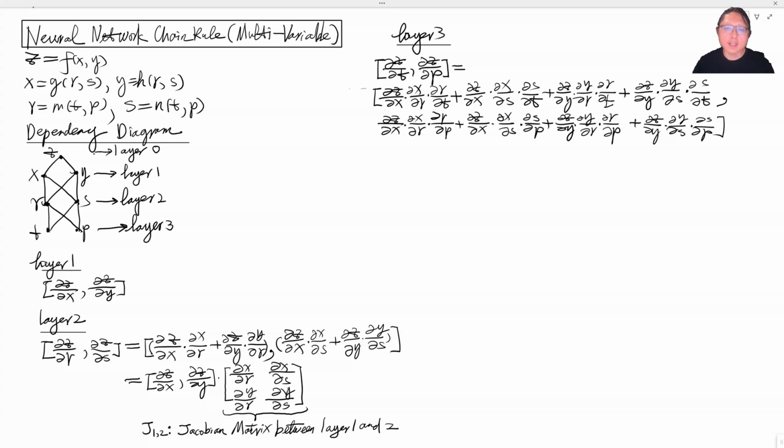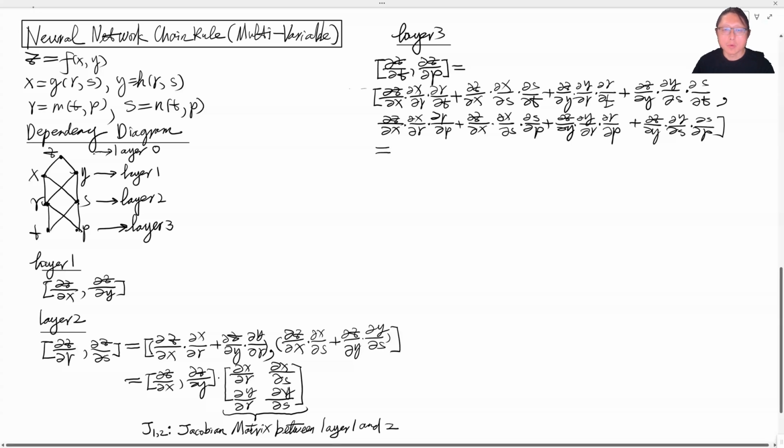We can think this could be a layer 1 partial derivative multiplied by the layer 1 and layer 2 Jacobian matrix, then multiplied by the layer 2 and layer 3 Jacobian matrix. We will write the formula here.